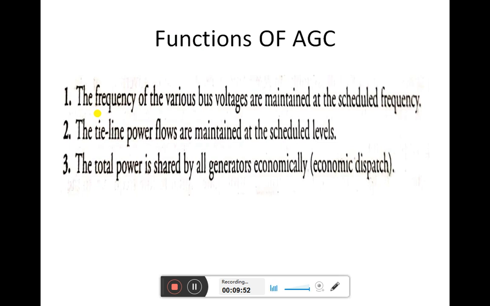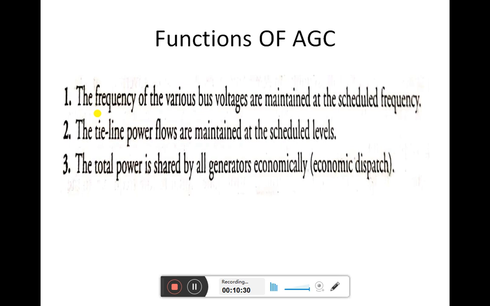Along with this, in some of the new AGCs, many other functions are also involved, but basically it is expected from the AGC that it maintains the frequency at a constant value, maintains the voltage at a constant value, has control over the tie line power flow, and also does economic dispatch.